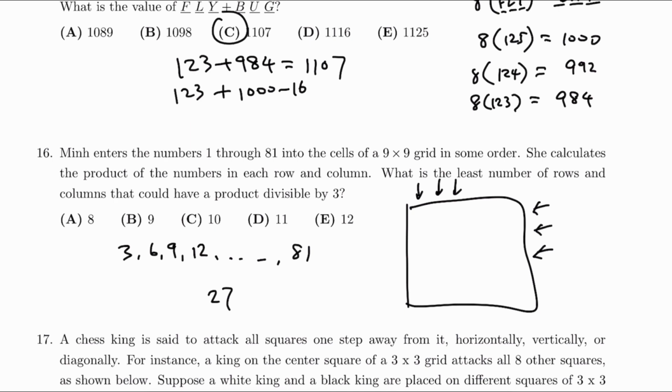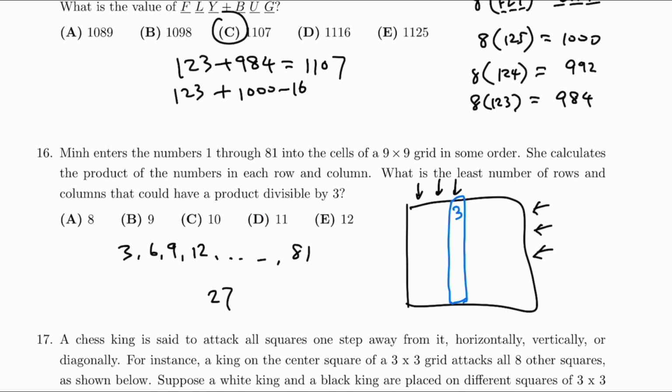If there is, let's say, a column or a row that has one of these numbers, let's say 3, then the product in this column is going to be divisible by 3 regardless of the other numbers you put in.